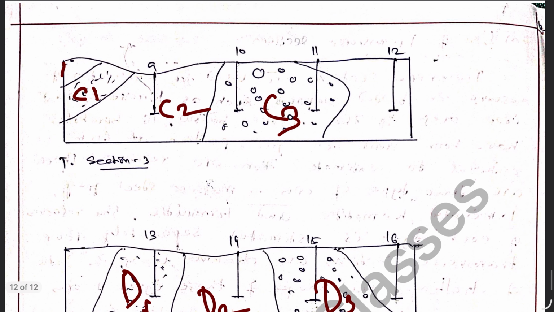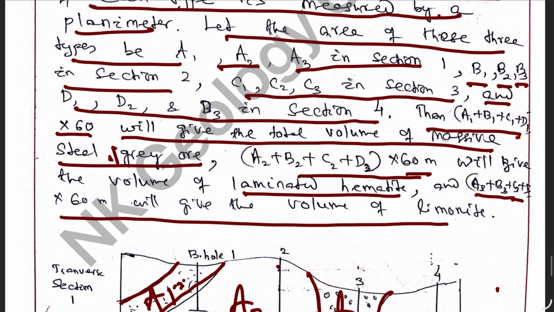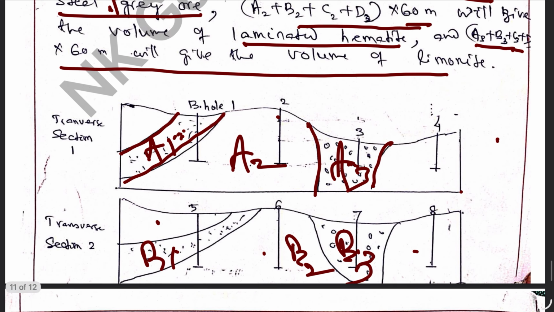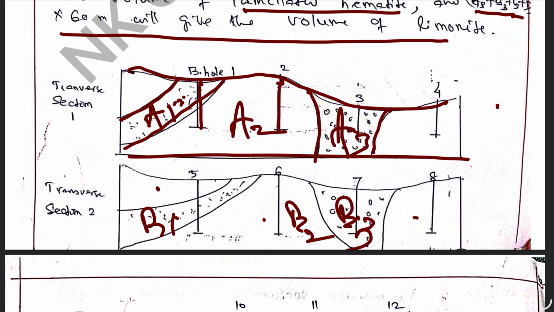That's the way the volume is calculated, as described here. The first thing is we have to find out the area by taking the borehole data placed in a grid pattern. This is the surface and this is how the ore body is extending downwards, using the borehole data.